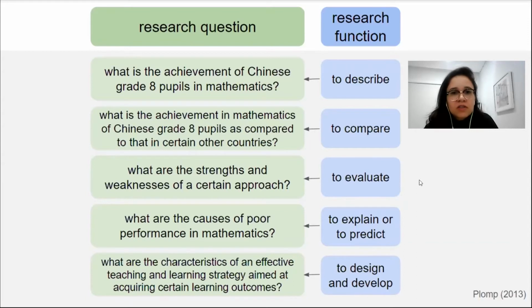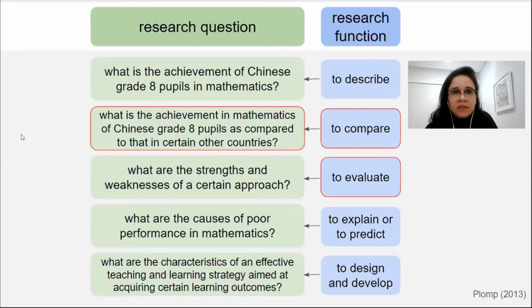What are the causes of poor performance in mathematics, to explain or to predict. And what are the characteristics of an effective teaching and learning strategy aimed at acquiring certain learning outcomes? Here, the main function is to design and develop. Sometimes one question, as for example the second one, can have different functions.